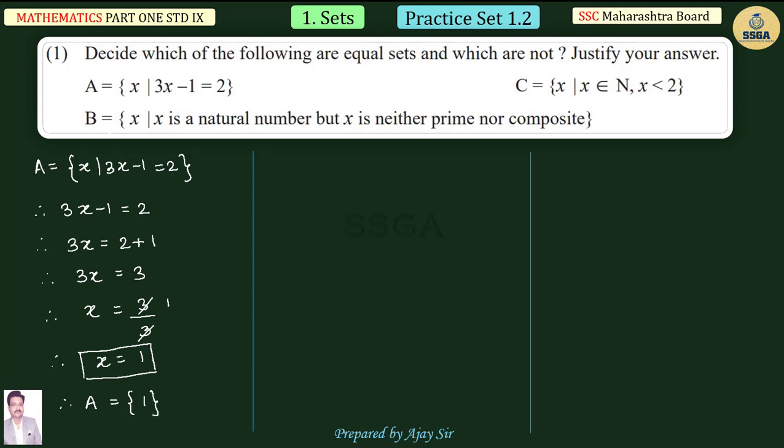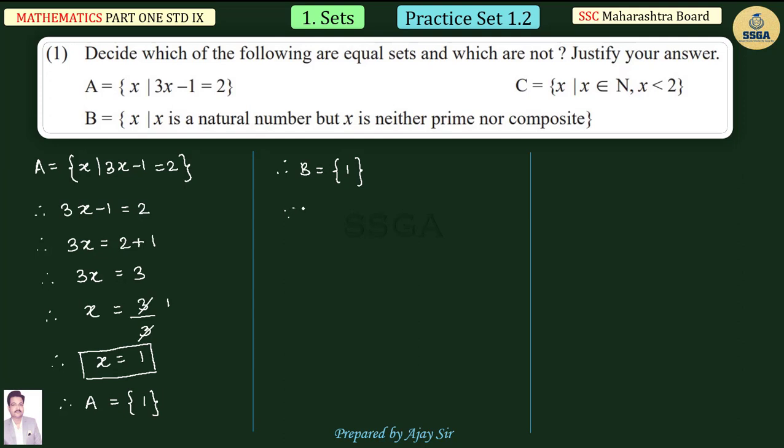Now next, set B is a set of all x, where x is a natural number, but x is neither prime nor composite. Natural numbers start from 1, 2, 3, 4 and so on. But here it is not a prime number and not a composite. Since 1 is neither a prime number nor a composite number, set B contains only one element, that is 1.